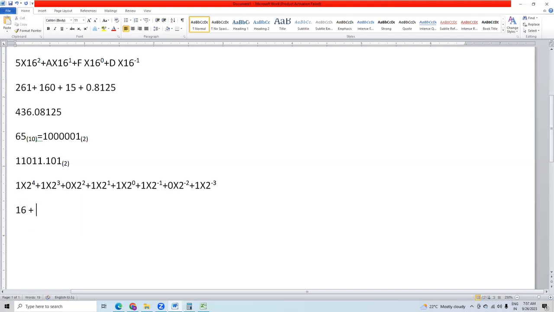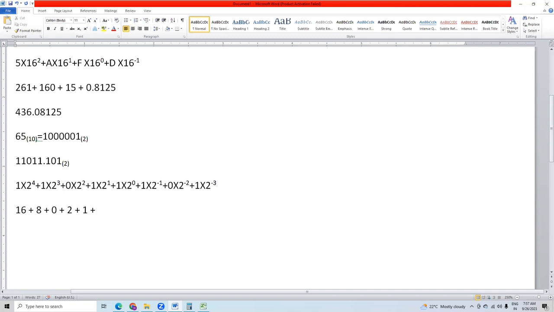Then plus 1 into 2 raised to 3. 2 raised to 3 is 2 into 2 into 2. 2 into 2, 4. 4 into 2, 8. 8 ones are 8. So 0 into 2 raised to 2 is 0 only. Plus 1 into 2 raised to 1. 2 raised to 1 is 2. 2 into 1 is 2. 2 raised to 0 is 1. So 1 into 1 is 1.